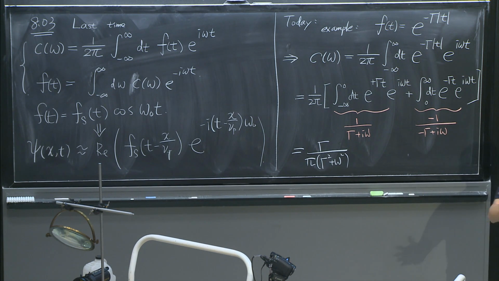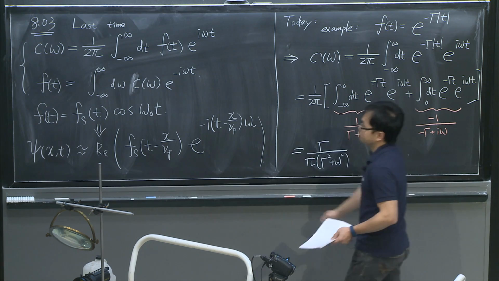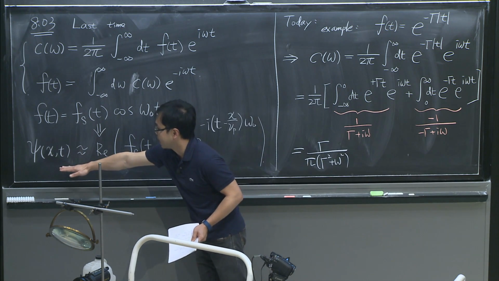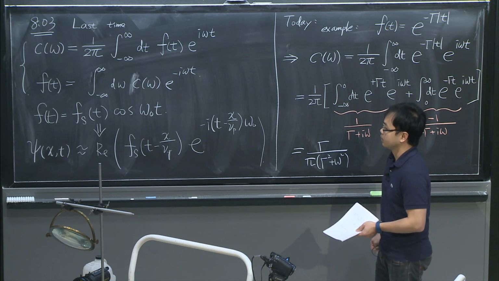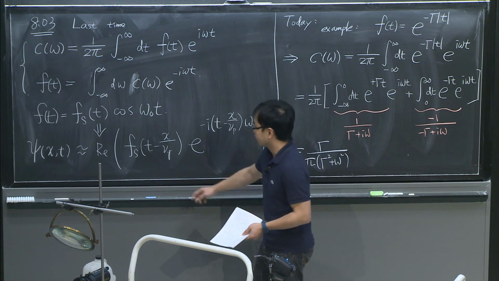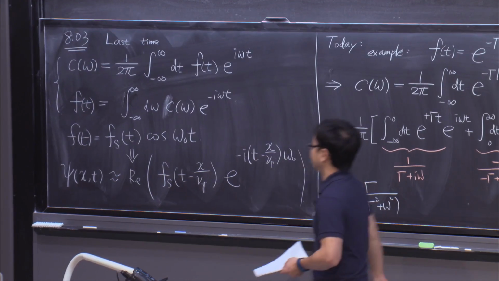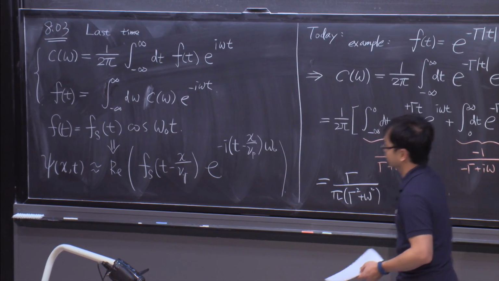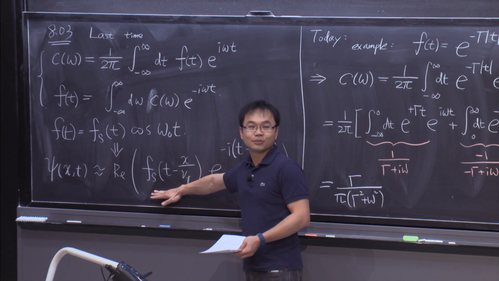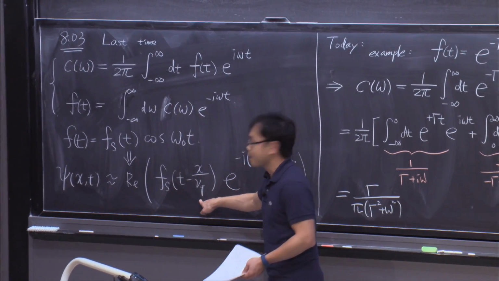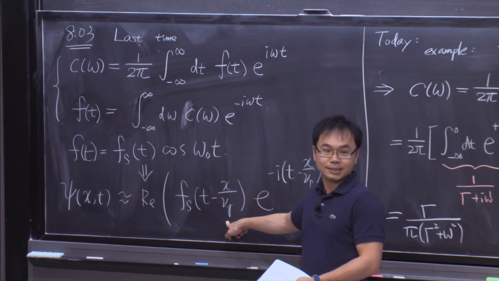After all the calculation we have done last time, we found that the resulting wave, the amplitude as a function of time and space psi, can factorize into two components. The first component is the original signal you are trying to send. It's traveling at the speed of group velocity.